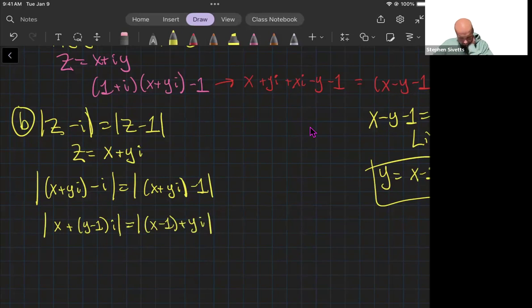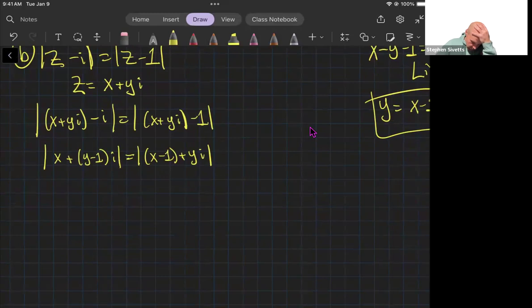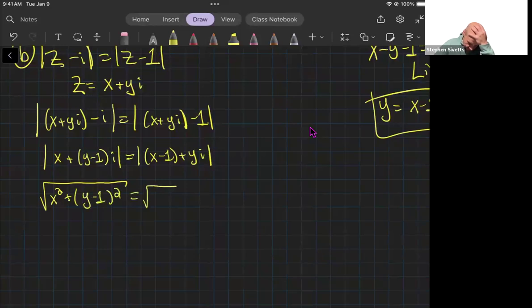The modulus of a complex number equals the square root of x squared plus (y minus 1) squared, and that equals the square root of (x minus 1) squared plus y squared.